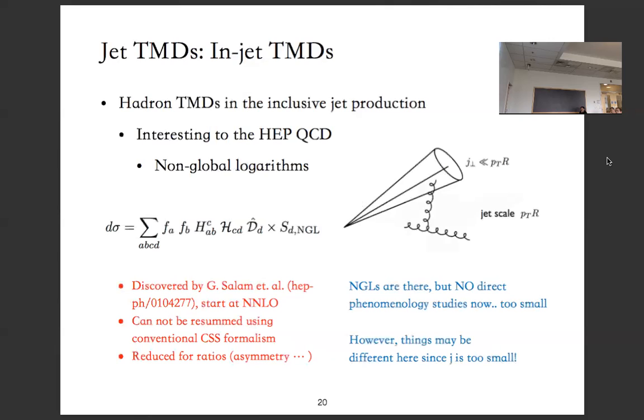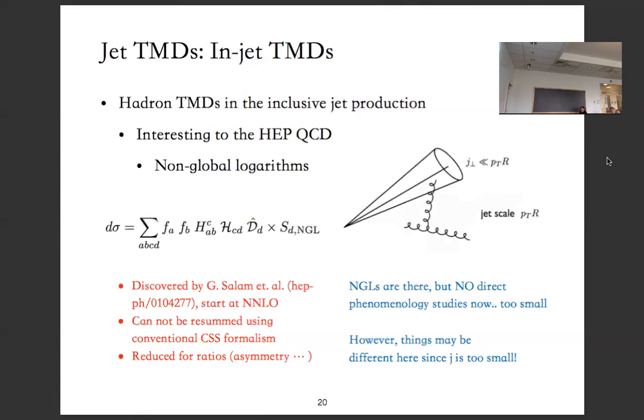For the radiation that goes into the jet, there is a constraint, right? J perp has to be less than some value. J perp is a constraint for this radiation, but for the other radiation, the energy can go all the way to the pT scale. Therefore, there is a large hierarchy between these two, and it cannot be resummed using the conventional CSS formalism whatsoever.